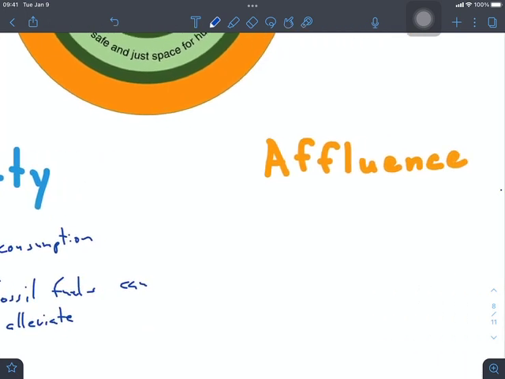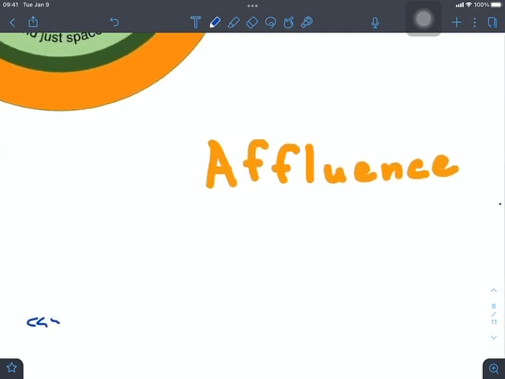Affluence has the ability to access clean energies. But as we all know, we don't take all of the benefits of affluence. We don't take all of our excess money and funnel it towards clean energy. We instead use it to overconsume, which is not great.